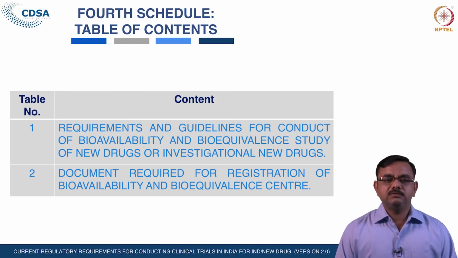So here also you are required to give the regulatory status in other countries, then the prescribing information, undertaking by the PI, then study synopsis of the BA/BE, then certificate of analysis from the 3 batches of the subject drug.